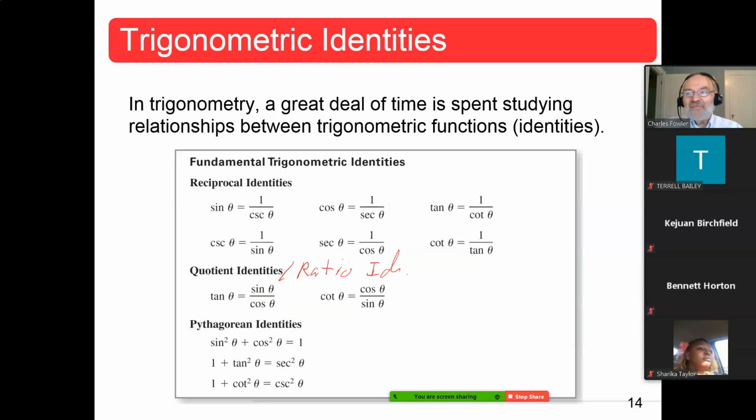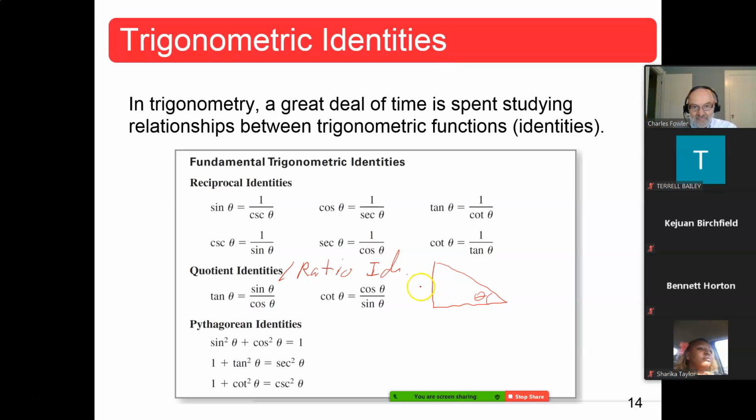Now let's do it from the viewpoint of our right triangles. Okay? Now I'm just going to try to draw a right triangle here. If I can get my pen to cooperate, here we go. Let's just pretend that's a right angle, and this is your angle theta that you're dealing with.